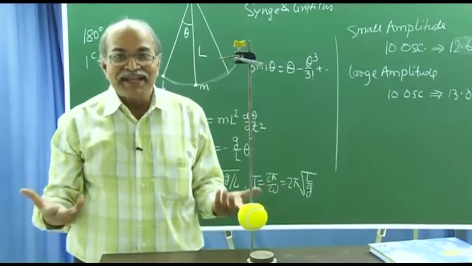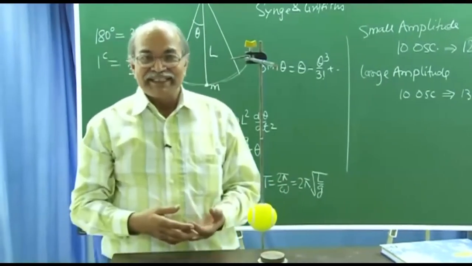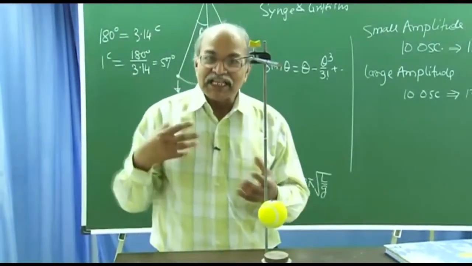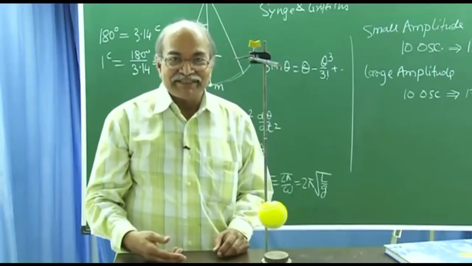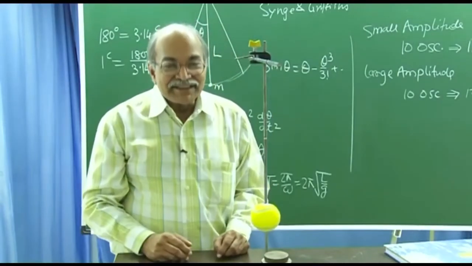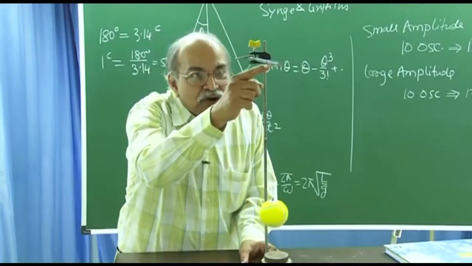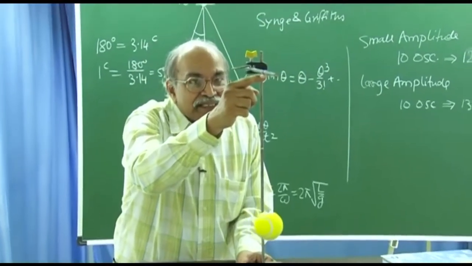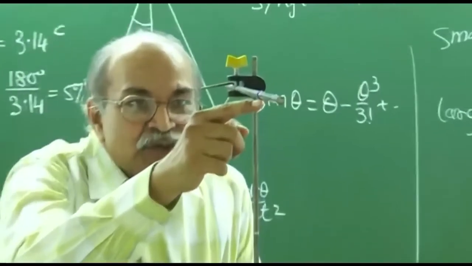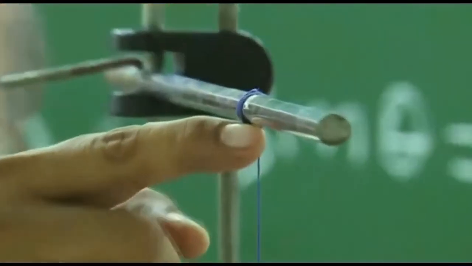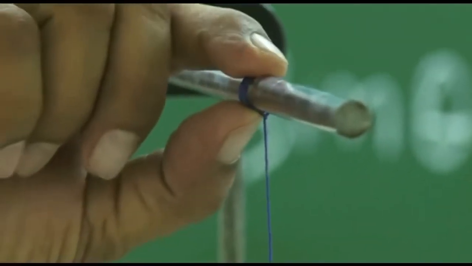So, where is that extra force coming in? Where from the transverse force is coming in? That is coming in by this knot that we have put here. It is not a point contact as such. This point is really not fixed.